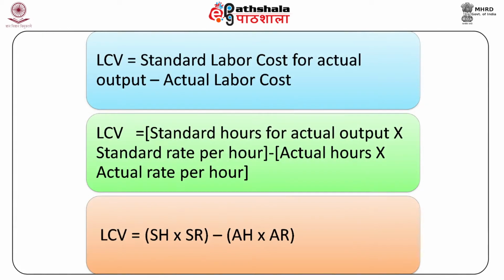Labor cost variance is equal to standard labor cost for actual output minus actual labor cost. LCV is equal to standard hours for actual output into standard rate per hour minus actual hours into actual rate per hour, or LCV = SH × SR − AH × AR.